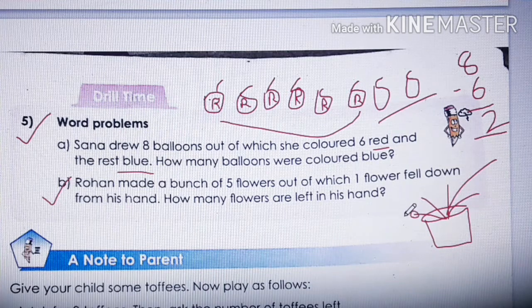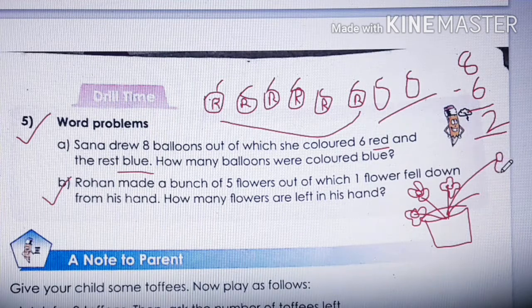1, 2, 3, 4, and this is 5. Okay. So this is 5.